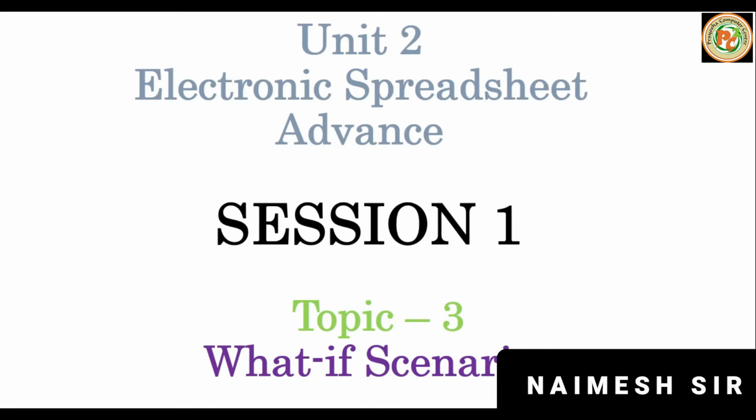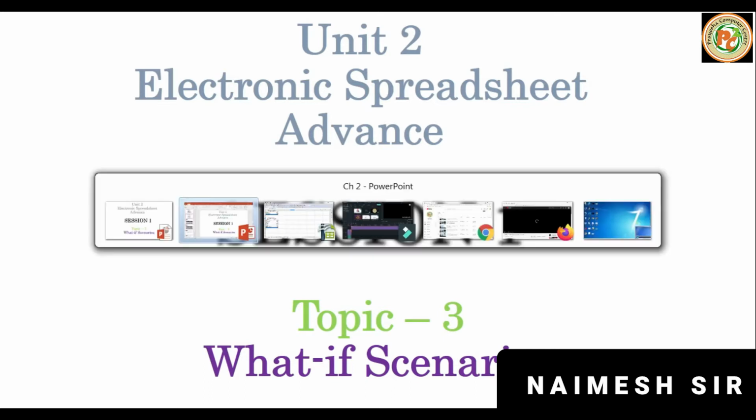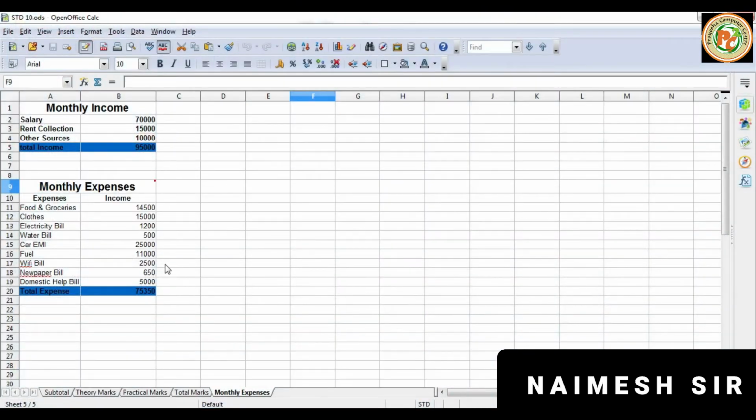So let's see practically how to create this scenario. Here I have already made one monthly expense sheet. Inside that, a monthly income and monthly expenses list is there. Incomes are from the salary, rent collection, and other sources. So there are three sources of income in a month, and the total is 95,000 per month.